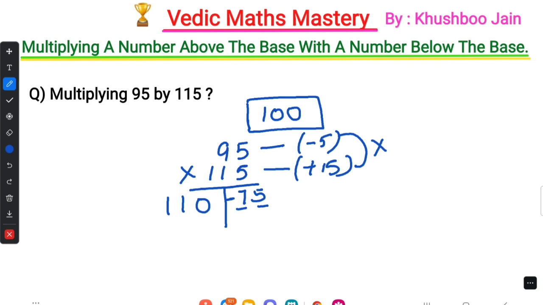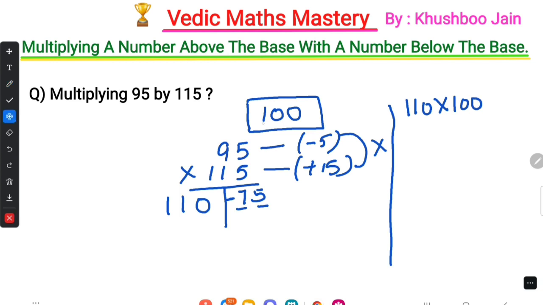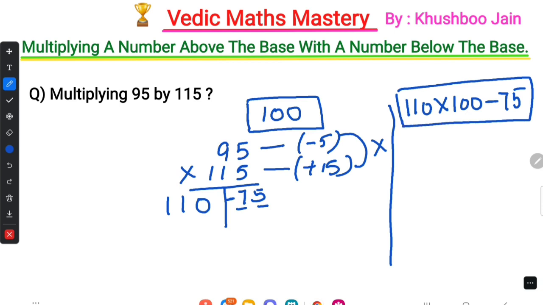So now what we have to do is, the next step says 110 will always be multiplied with the base. The base is 100, so the left hand side part you have to multiply with the base. This is the next, fourth step we have to include in this question, and minus 75. This is the basic last trick of this question.